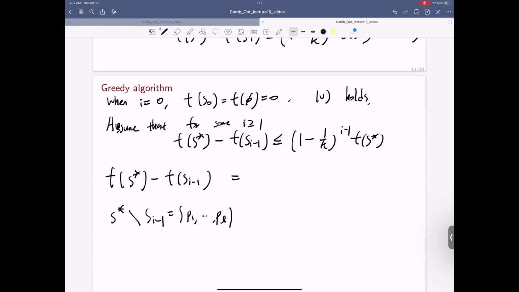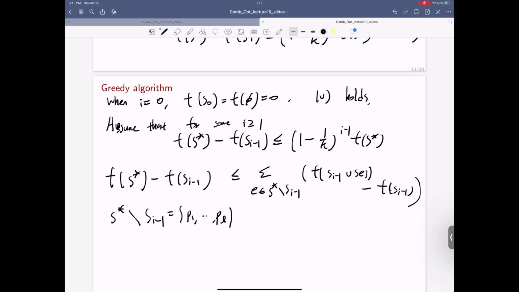So my claim is that this is less than or equal to the sum, over all elements E in S star minus S_{i-1}, of f of S_{i-1} union E minus f of S_{i-1}.